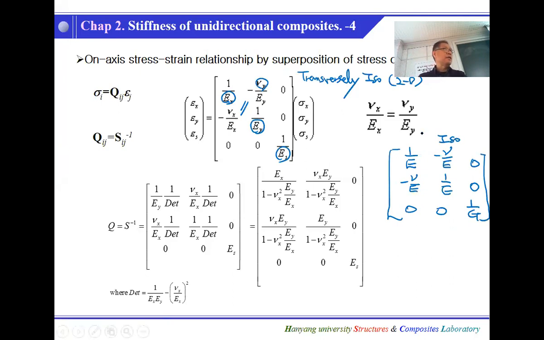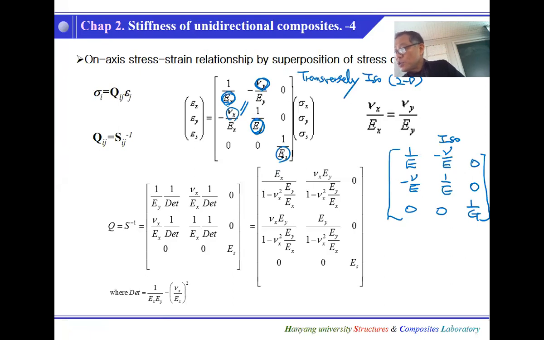We already know that. So as you can see, X directional and Y directional, we do have different Young's modulus. That's one thing. And Poisson's ratio wise, these terms, even though they are dependent, have a different meaning.